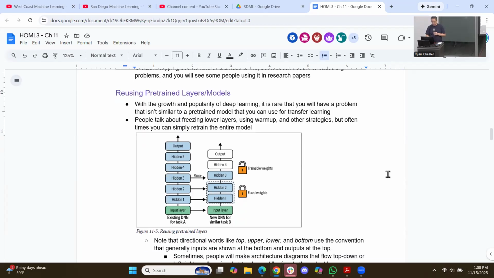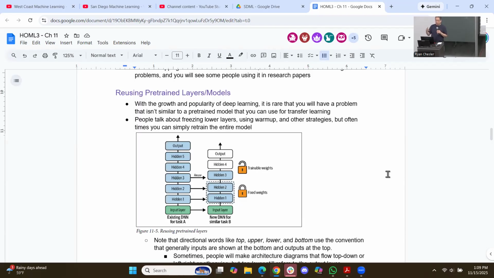All right. So the next concept is using pre-trained models, pre-trained layers. The book words it as pre-trained layers. I tend to think of it more just in terms of pre-trained models. But technically speaking, when you use a pre-trained model, most of the time you're tweaking it slightly. So for example, if I want to do an image classification task that does cats and dogs, and I take some model that was pre-trained to classify images for something else, it could be people, it could be whatever, then we're minimally going to be changing the output layer.